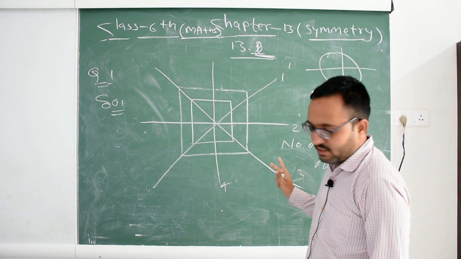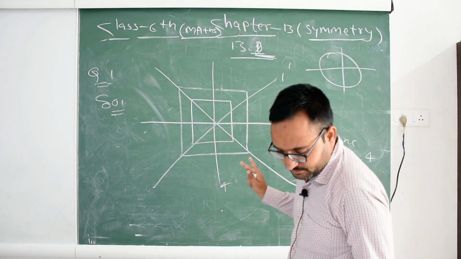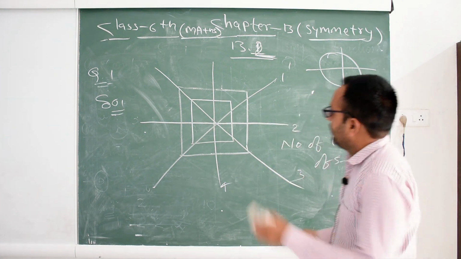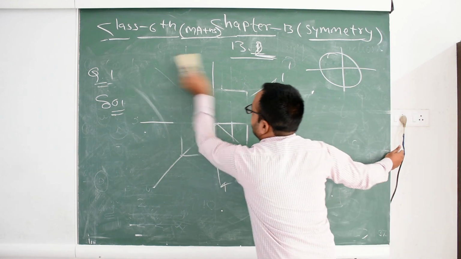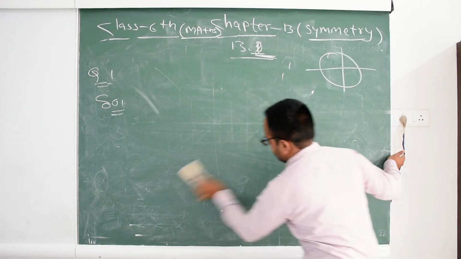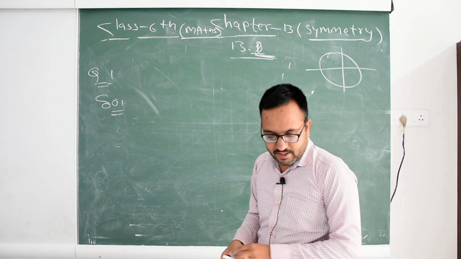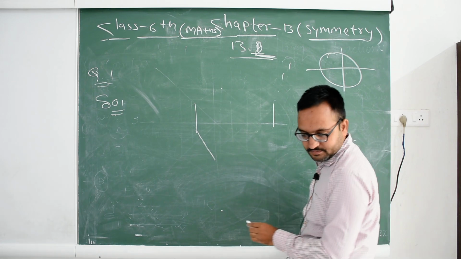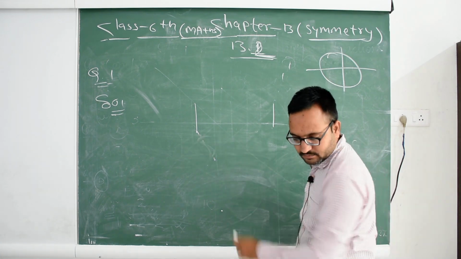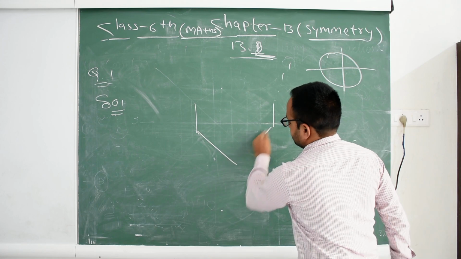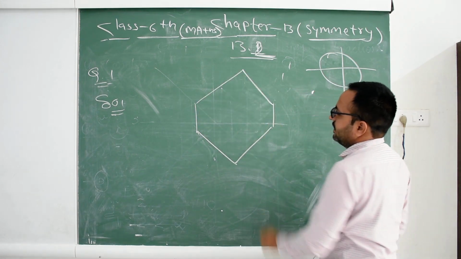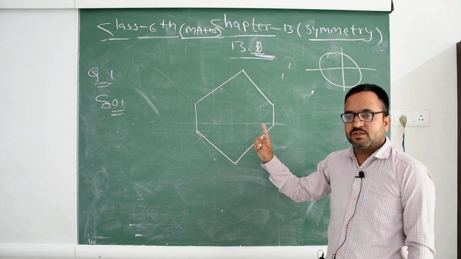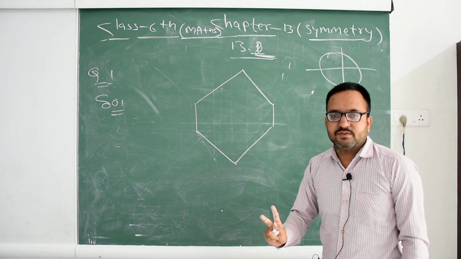Okay, now we have a diagram, part E. Now we draw the E part. We have a hexagon. If in the hexagon all sides are equal, so we draw 6 lines of symmetry.